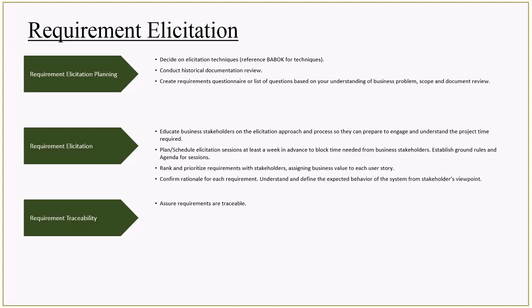Requirement traceability. Assure requirements are traceable. At any instance, we should have the connectivity of the key scopes to all the requirements, and there are tools which we can use like TFS or even Excel where we need to keep links between the user stories so that they are traceable, and that will help us moving forward when we are doing the UAT.